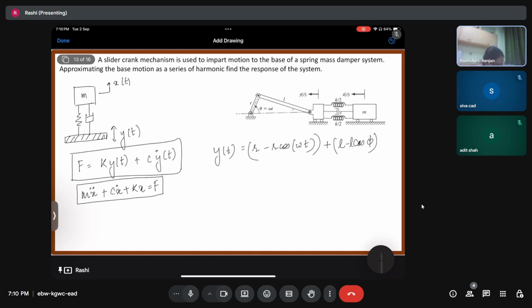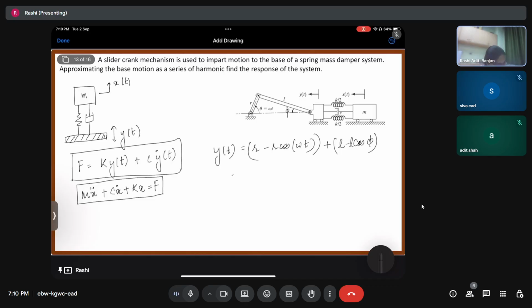This is your phi. L minus L cos of phi. This is very simple. Okay. Now, we can write cos of phi in terms of sine.